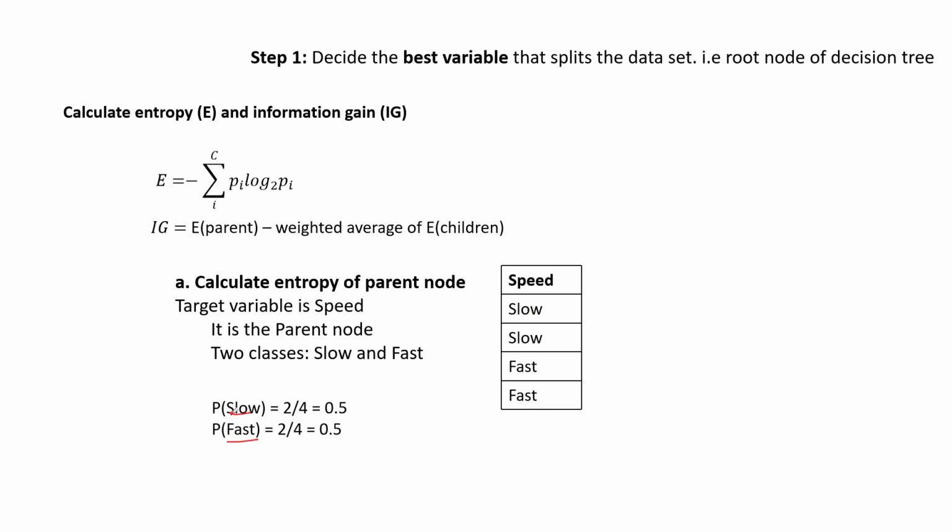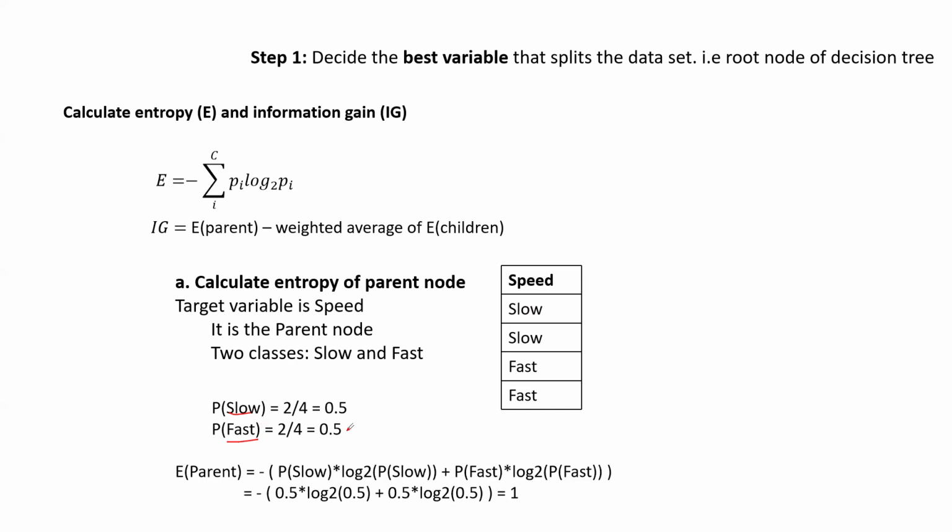The proportion of the slow class will be 2 by 4, and the proportion of the fast class will be 2 by 4, so it is 0.5 for each. The entropy is calculated as minus the proportion of the slow class times log of it, plus the same for the fast class. Applying the values, we get 1.